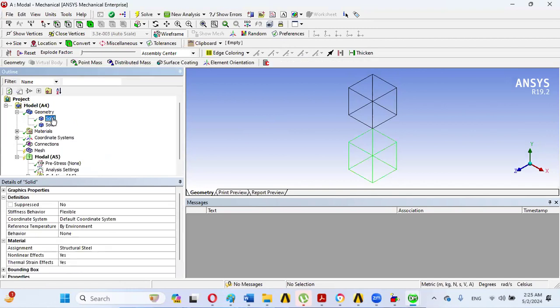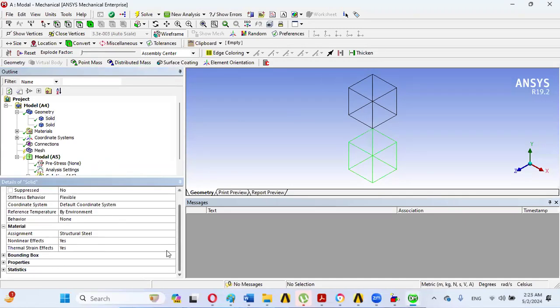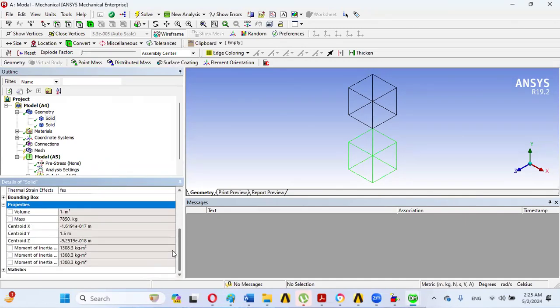we can observe the properties of the solid. For example, here we can observe that the mass is 7850, because the volume is 1 meter cube. If we require unit mass, because both masses are equal, we can take unit mass.